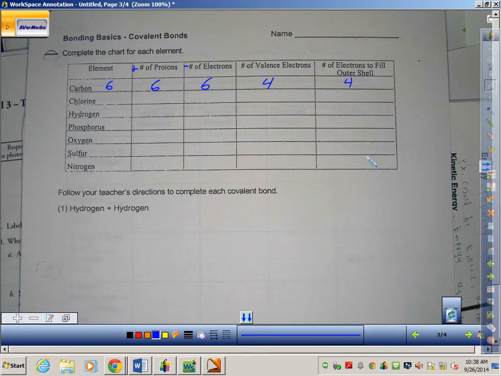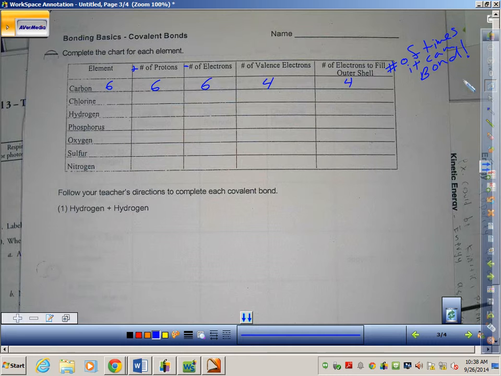See, this number of electrons to fill the outer shell is also the number of times it can bond. Does that make sense? So carbon can bond 4 times. Is anybody lost right now? Okay. I don't want to lose anybody in the room in this whole process.